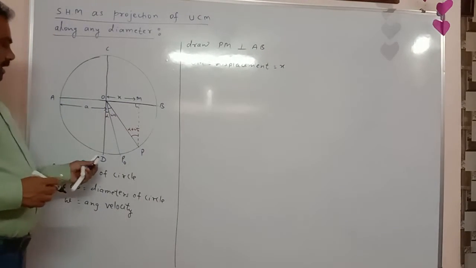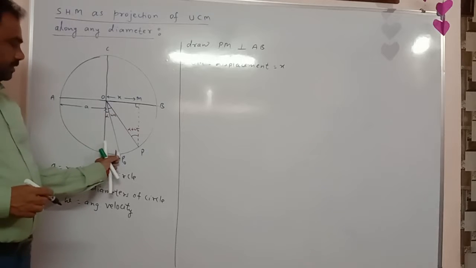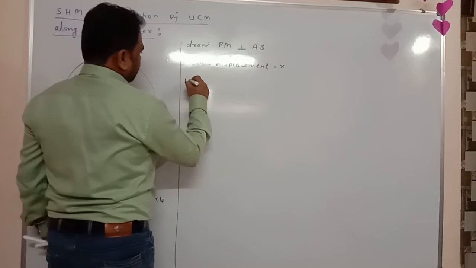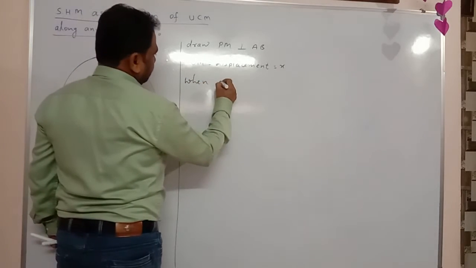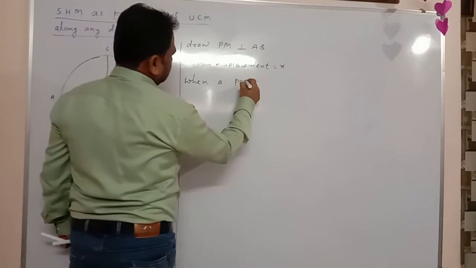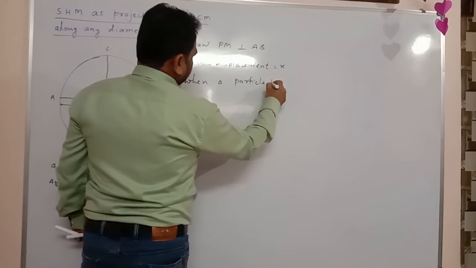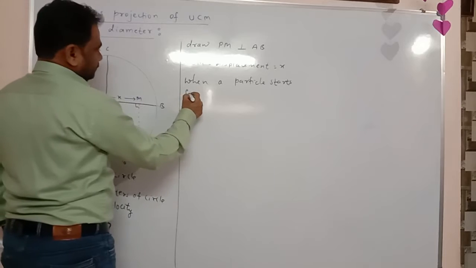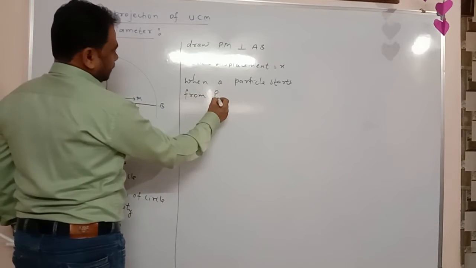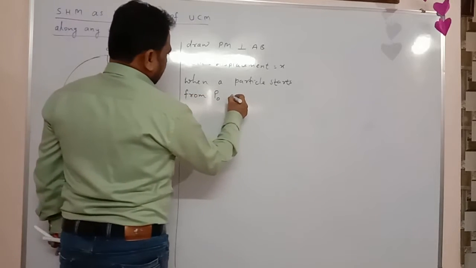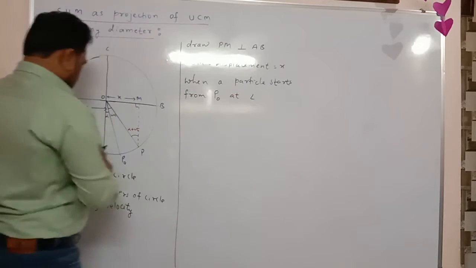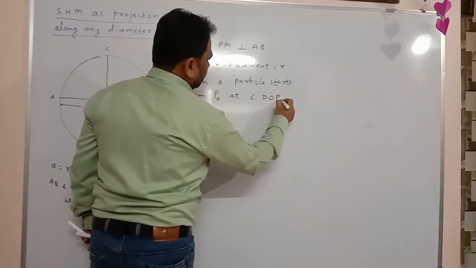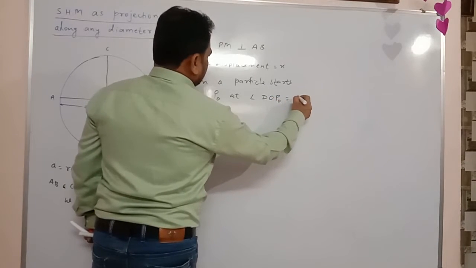Suppose the particle starts its motion from P naught, at an angle DOP naught equal to alpha.